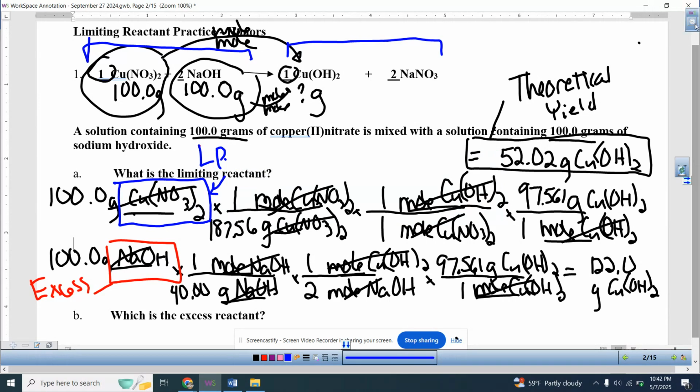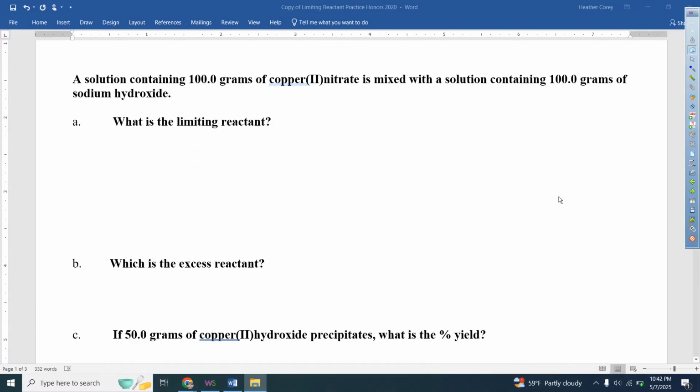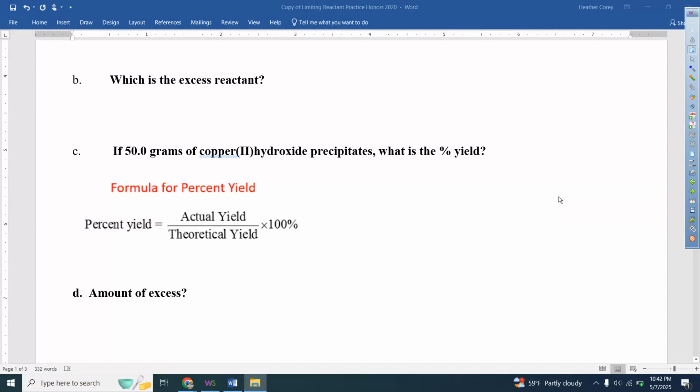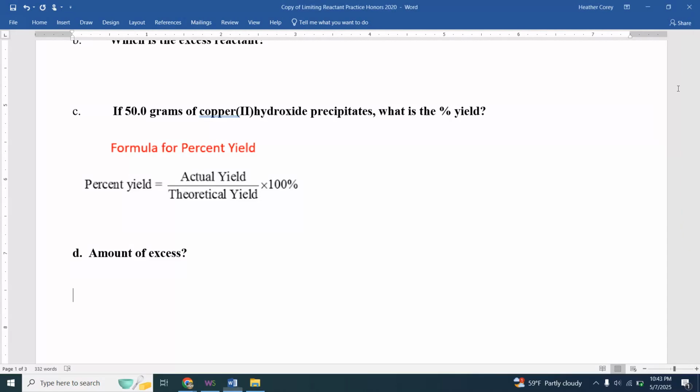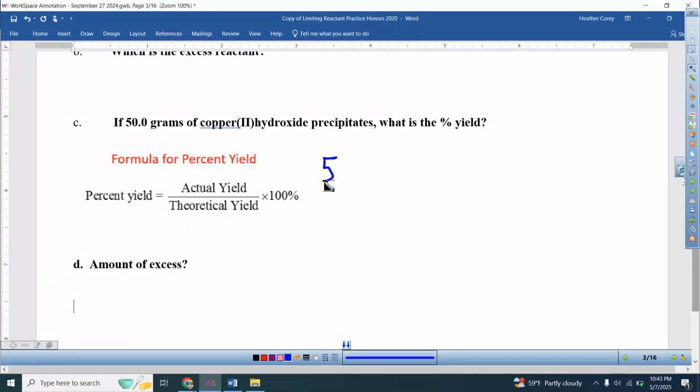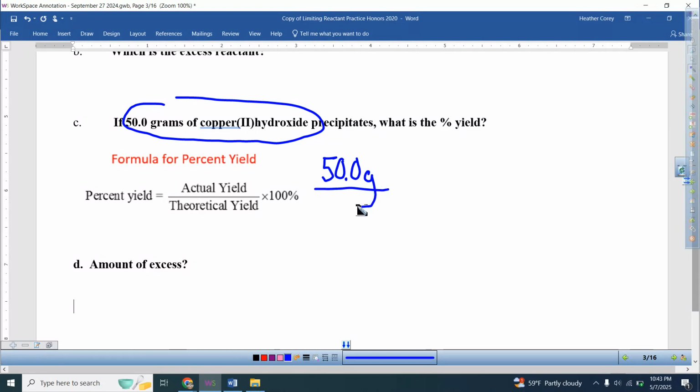Okay, next up, we're going to go ahead and find our percent yield using this information. So it's whatever you get in the lab, divided by our theoretical yield that we found up here.